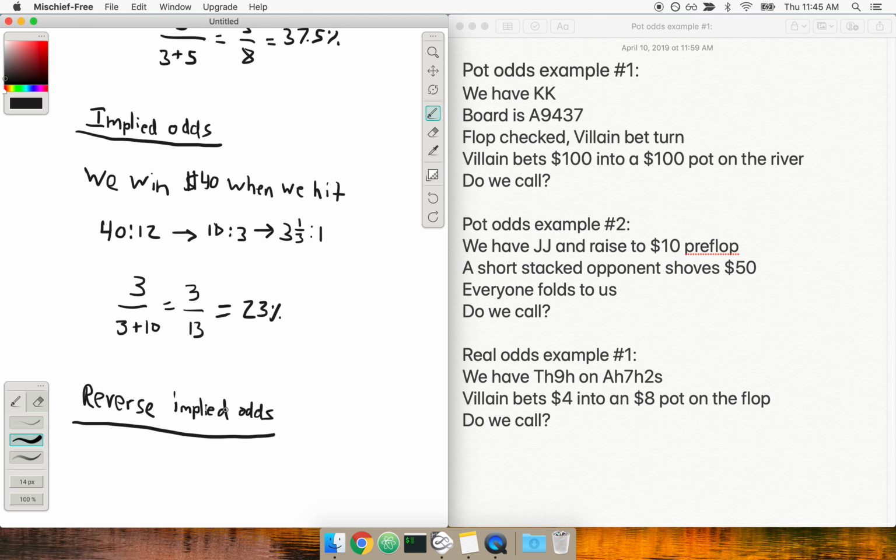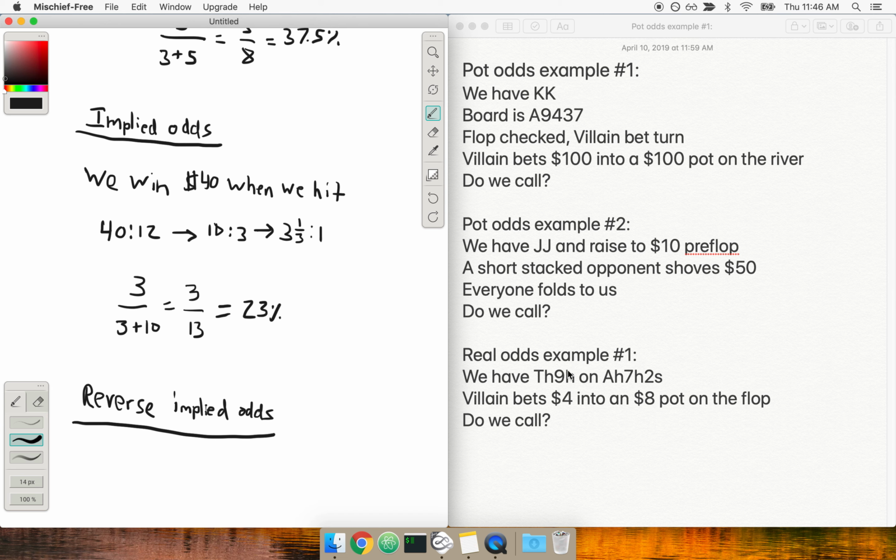So the thing with reverse implied odds is that when we hit our hands, we don't actually always win. When we hit our hand, we'll have a flush here. But when we make a flush, it's possible that we are going to lose to a better flush. Maybe they have a king high flush.